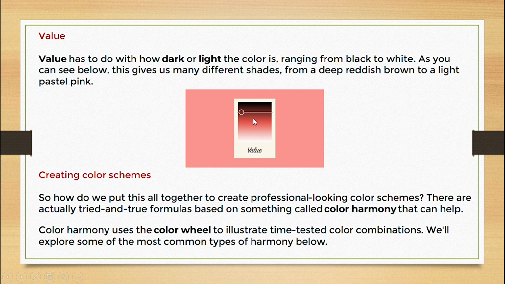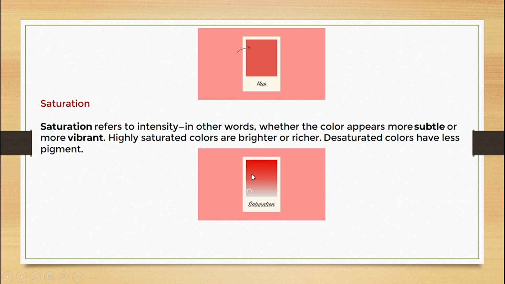This is a red hues. If I want to add values to it, I move it up, and I'm going to get a darker version of the hues I pick. If I move it down, I'm going to see a lighter version. So don't mix it up. Values is different from saturation. This is saturation. Saturation is just the intensity of the color.